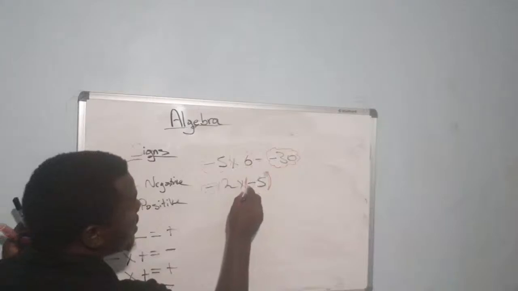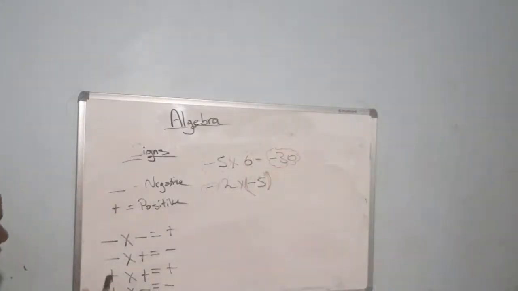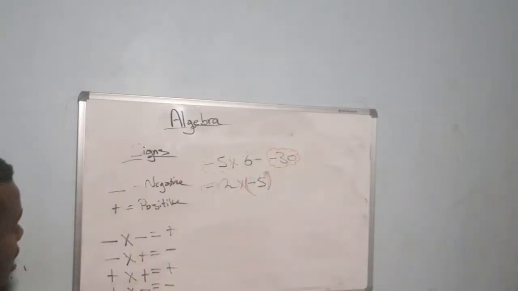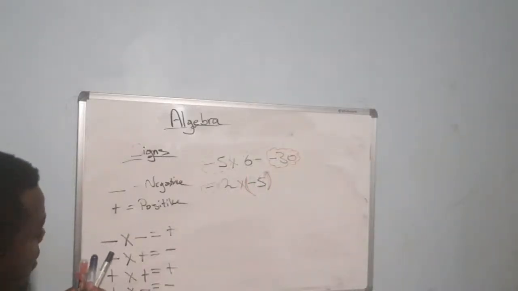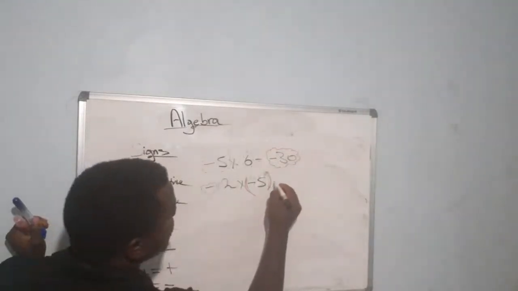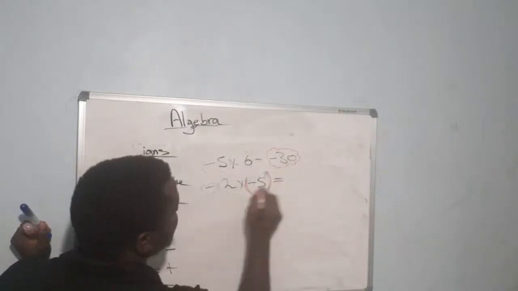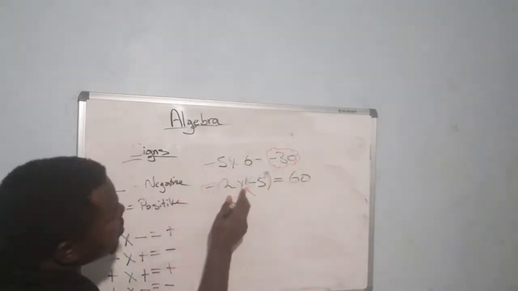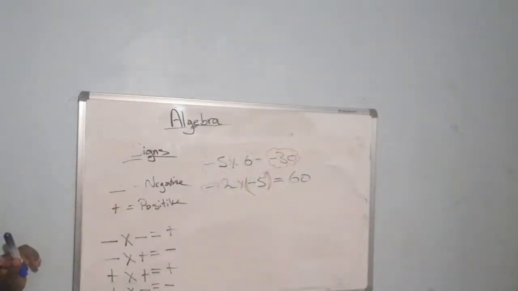So it's a negative number multiplying another negative number. And we know what that result will be. It's going to result in a positive, our answer will be positive. So it's positive 60, because we're multiplying two negative numbers.